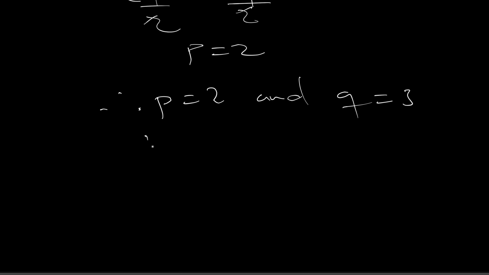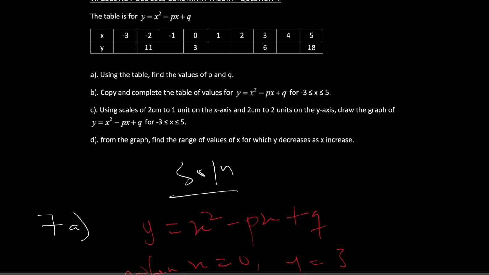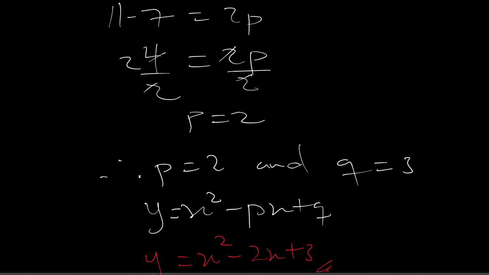Now, we know that y is equal to x squared minus px plus q. So now y will be equal to x squared minus 2x plus 3. So it says copy and complete the table of values for y is equal to this relation.